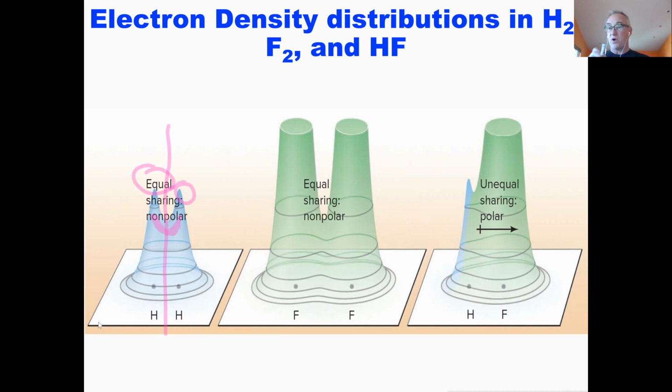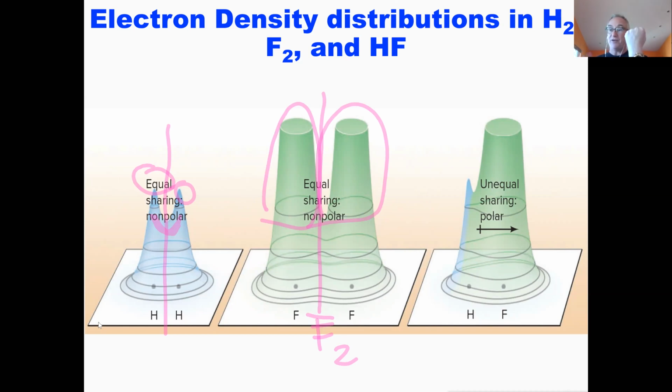That's a nonpolar bond. Then when we look at F2, the bond in between, that's sharing an electron as well. But you see there's a lot more electrons because fluorine has 7 valence electrons, hydrogen only has 1. But again, if you put a line right down the middle, you can see that they're equal. The distribution on this fluorine is exactly the same as the distribution on the other fluorine. That's a nonpolar bond.